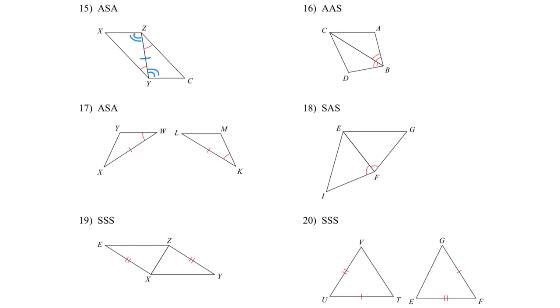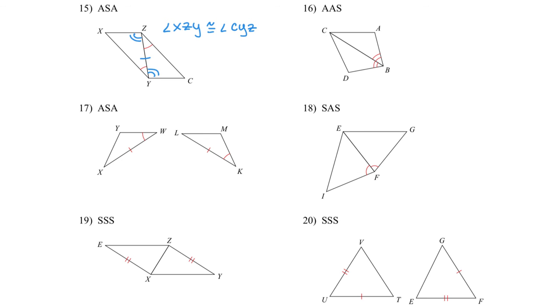So now you can see that the side is in between the angle with the one arc mark and the angle with the two. So we have angle, side, angle here, and then angle, side, angle on the other side. So that means that you would have angle XZY needing to be congruent with angle CYZ.